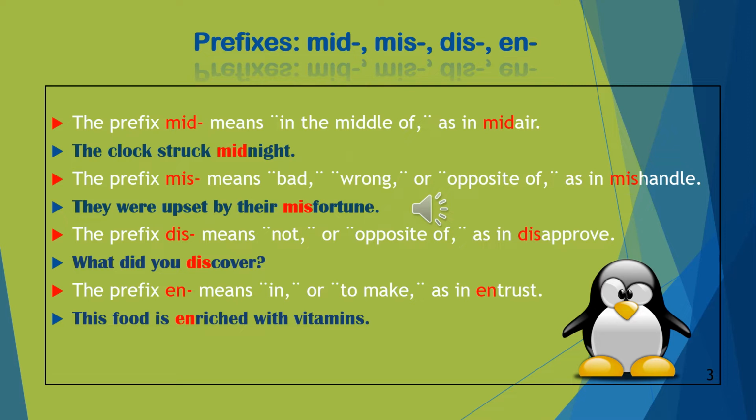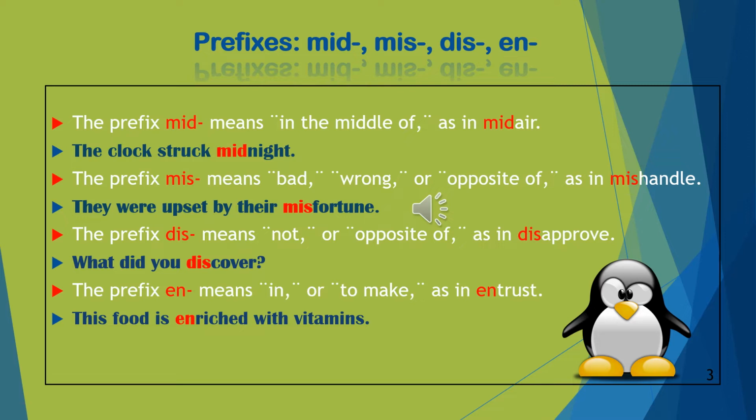So let's start with the prefix mid. It means in the middle of, as in mid-air. And here we have a sentence as an example. The clock struck midnight. Do you see that the prefix mid is in color red?